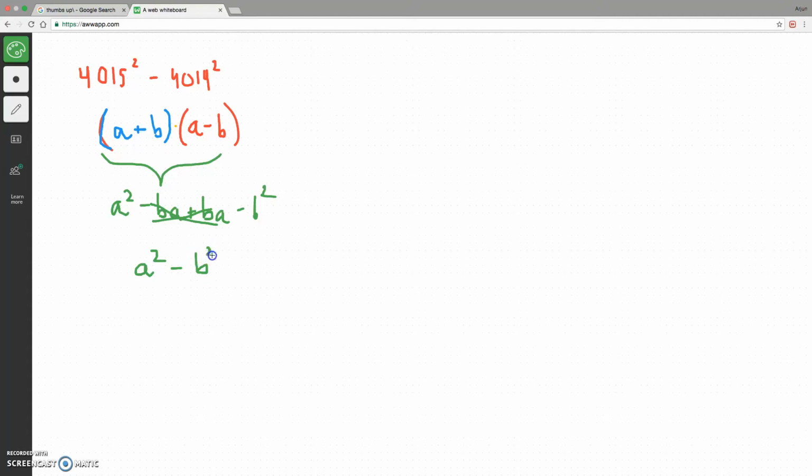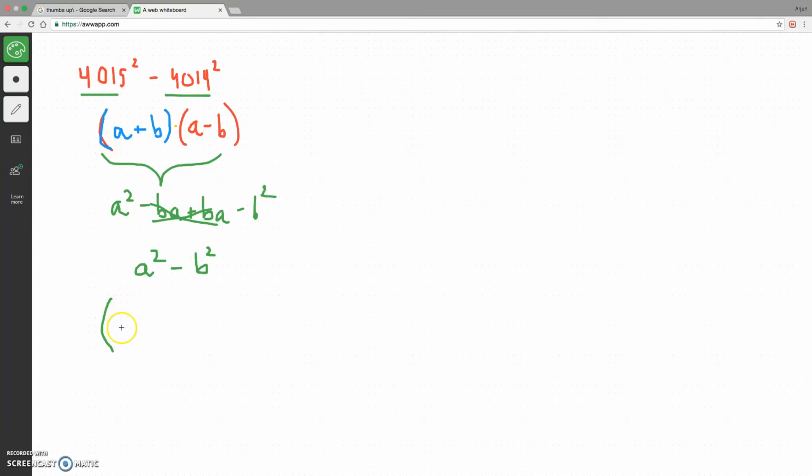Now let's look at our problem. 415 squared minus 414 squared. So we've proven how to get a squared minus b squared, which is the same format the problem takes. Let's just plug in our numbers. We know that 415 is a and 414 is b.